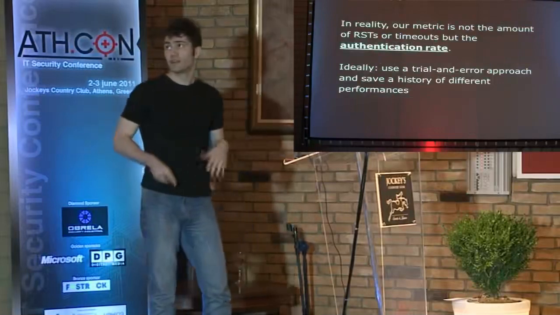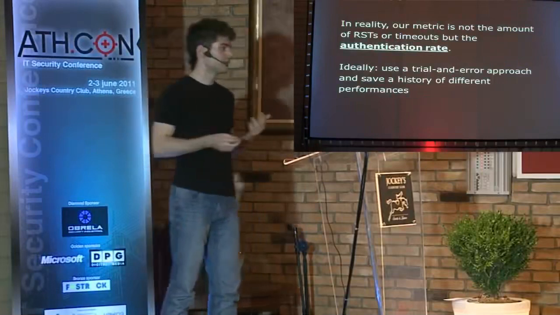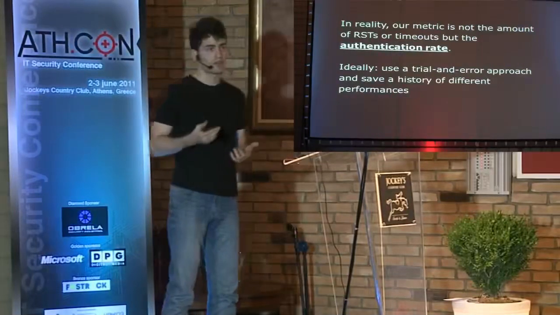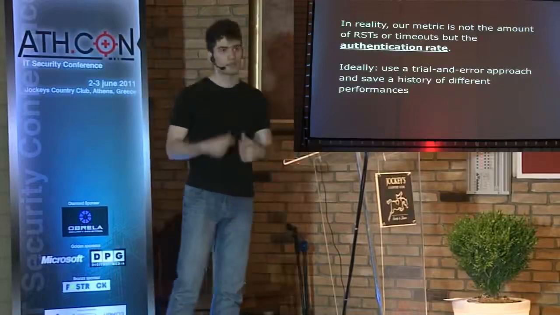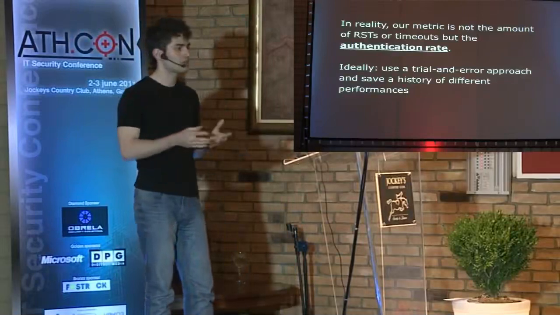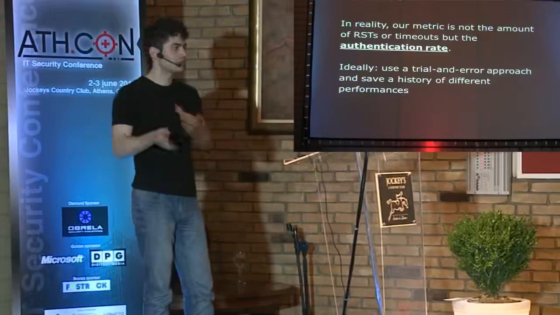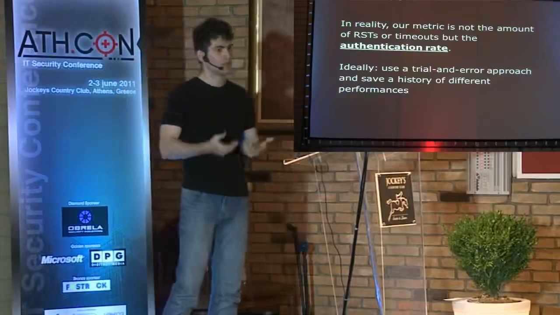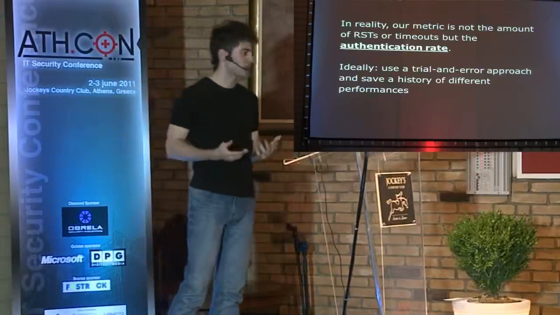So now in reality, our metric is not the amount of resets or timeouts, but the authentication rate. The authentication rate is an internal metric that just counts how many authentication attempts per certain time period, per service we achieve. And the higher this is, the faster we are.